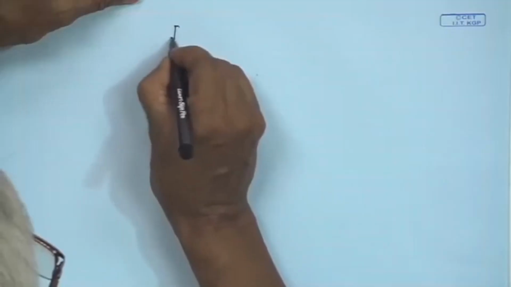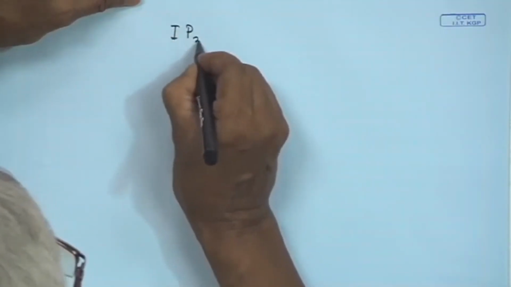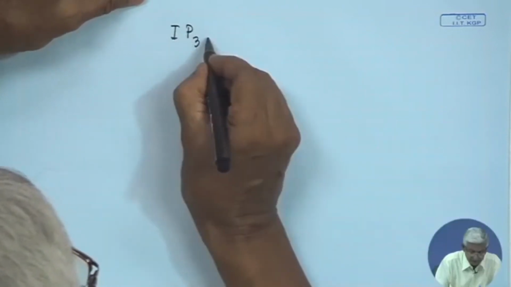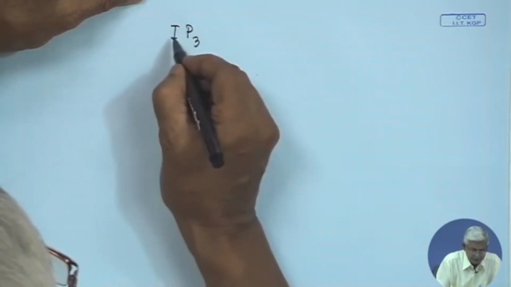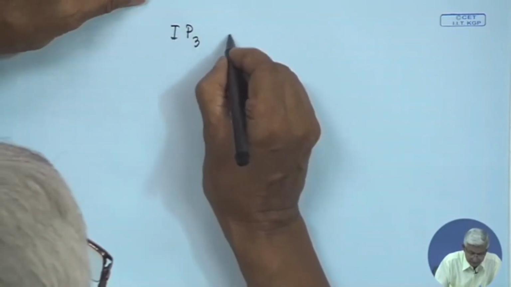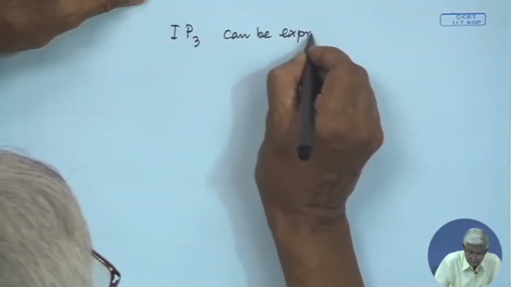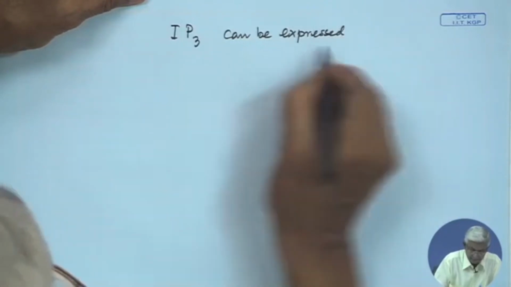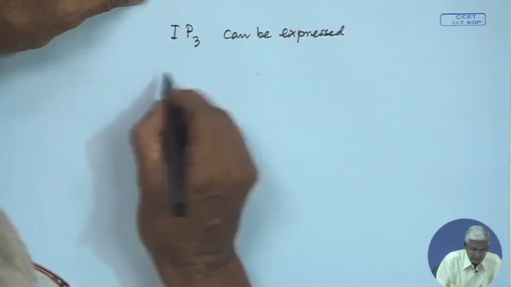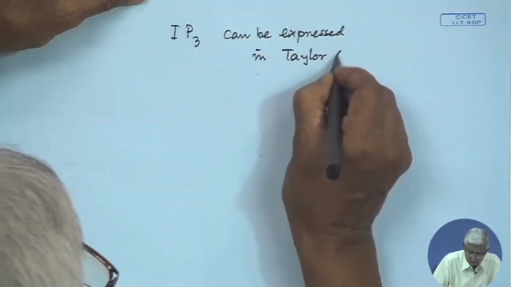Let us try to see how it can be expressed in terms of Taylor coefficient. So, IP3, that is intercept point 3, it may be output or input, whichever you can take, can be expressed in terms of Taylor coefficient.